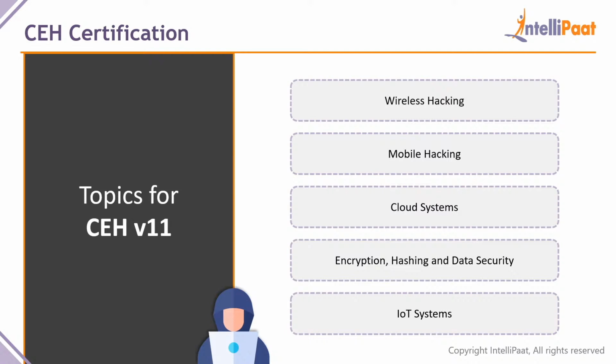Then you have these newer sort of technologies called IoT systems. IoT is short for Internet of Things. Basically, you might have noticed these days there are smart bulbs, there are smart TVs, there are smart microwaves and smart refrigerators, all connected to a single Wi-Fi network inside your home. So obviously, to hack into a particular network, you also get access to these particular systems.